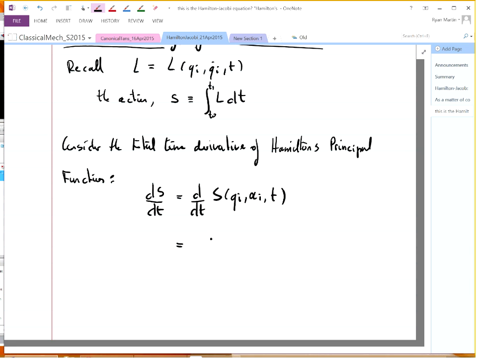The alpha i's are constant, so they don't depend on t. If I do dS/dt, I have to do the sum over the number of degrees of freedom. Then I have ∂S/∂qi times qi dot. I don't get anything from the alpha term, and then outside of the sum, I have ∂S/∂t.